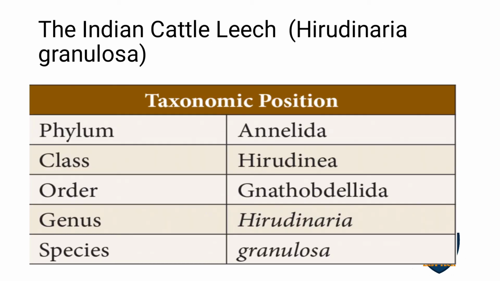Now we're going to see about the Indian cattle leech, Hirudinaria granulosa is the zoological name. Taxonomical position: phylum Annelida, class Hirudinea, order Gnathobdelida, that is G silent, genus Hirudinaria, species granulosa.